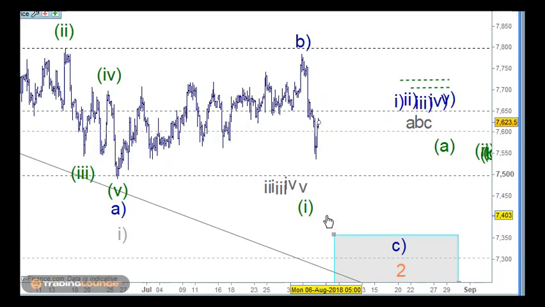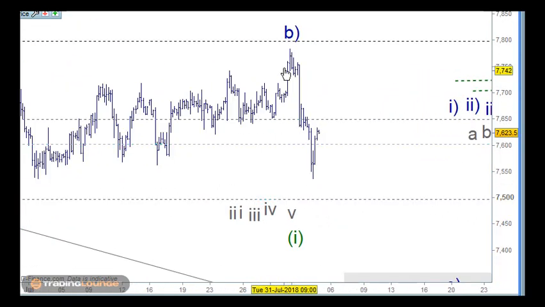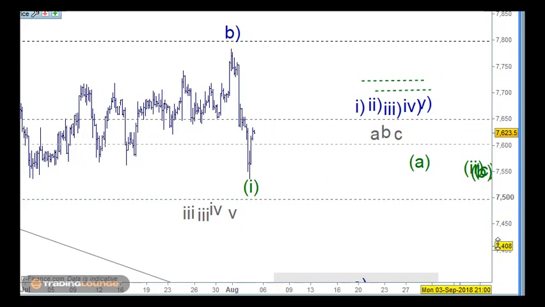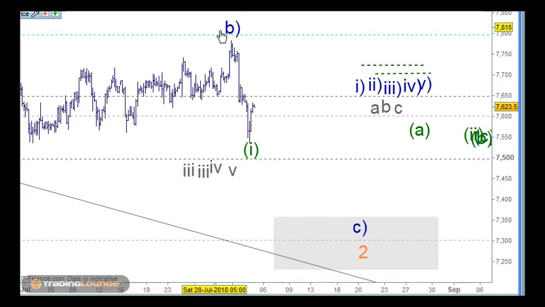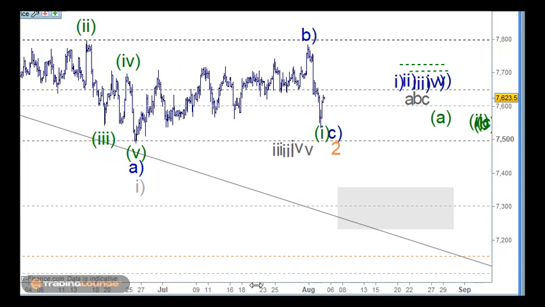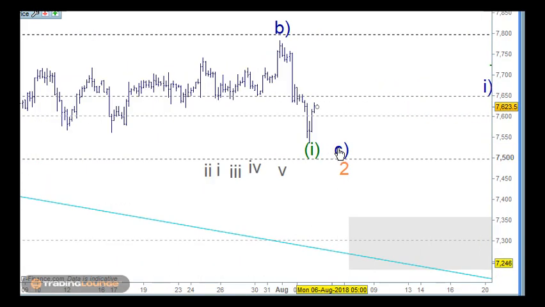So this move down here appears to be in 5 waves. So from wave B to wave C here, I guess it's possible to put wave C here and this wave 2 here. But the thing about doing that, just because it's 5 waves, it hasn't really made a new low here. So we just need to be a little bit mindful of that. But I just need to point out that's possible.